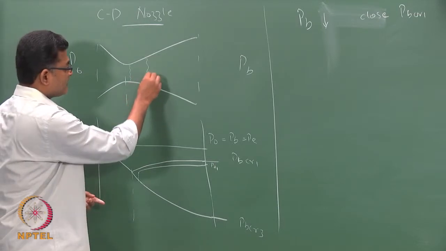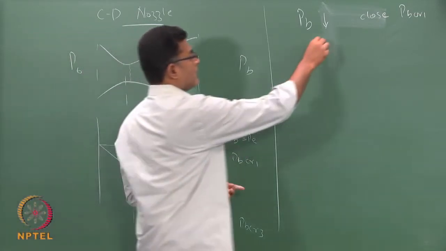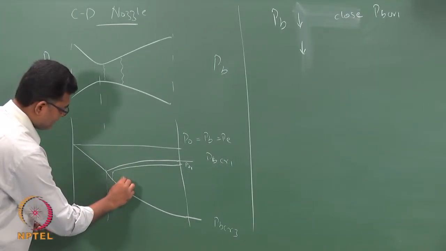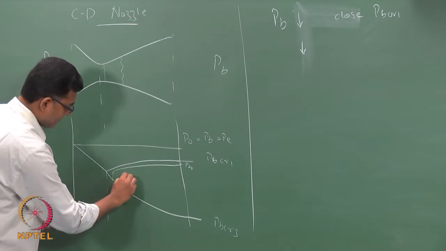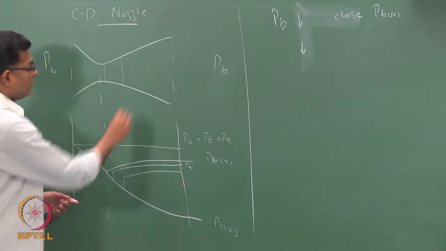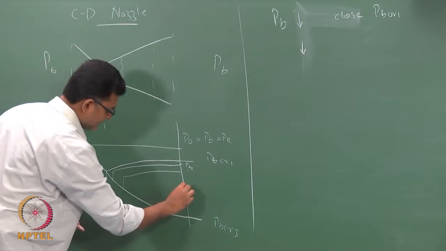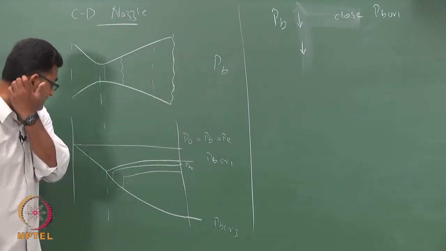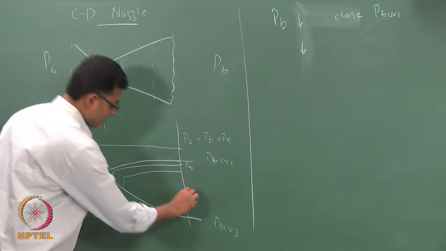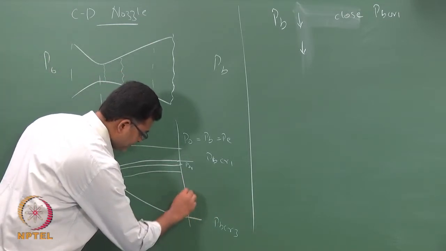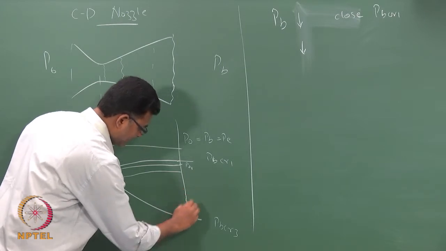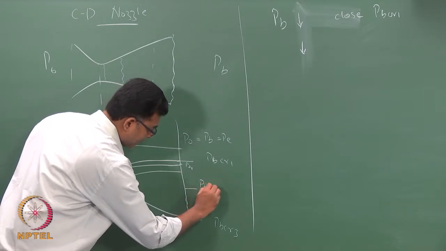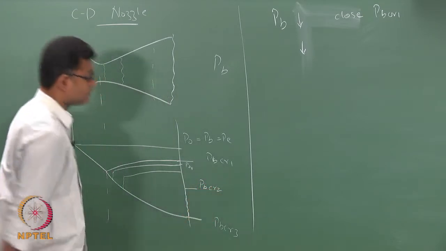If I have a pressure that is still further down, then I would have a shock that is hitting further downstream, which would go here. If I keep on doing that, I would reach a pressure where I would have a shock sitting at the exit. Okay. So, there will be some value of PB which would create a shock at the exit, and that back pressure is your P critical 2.